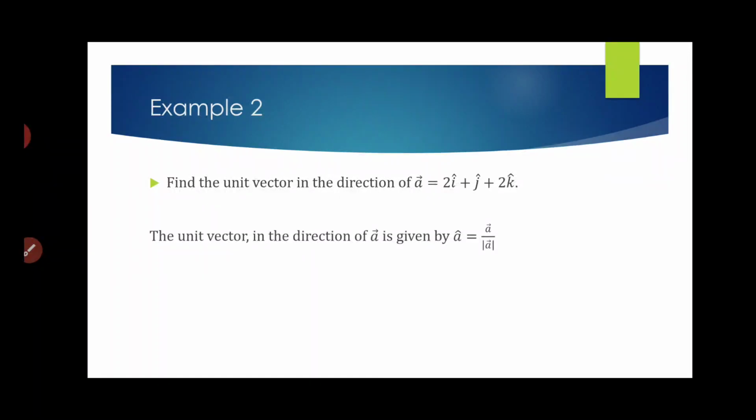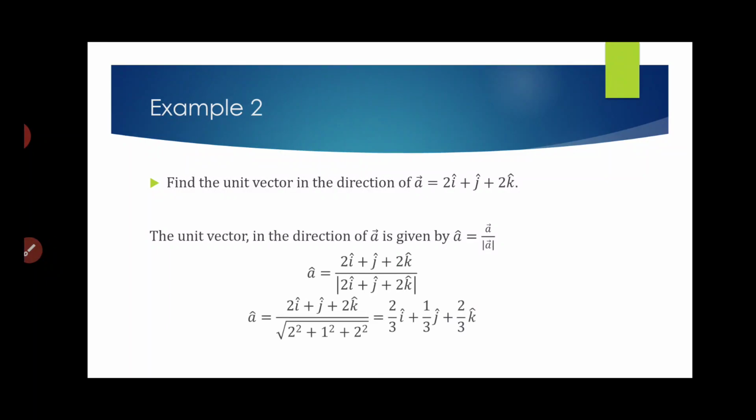So let me first find the magnitude and then divide the vector by it. So the magnitude here is root of 2 square plus 1 square plus 2 square, that is 4 plus 1 plus 4, that is 9. So under root 9 is 3, and so therefore the unit vector is 2 by 3 i cap plus 1 by 3 j cap and 2 by 3 k cap.